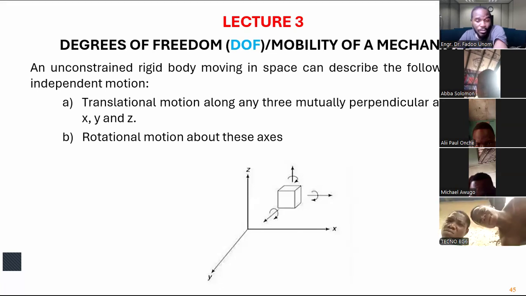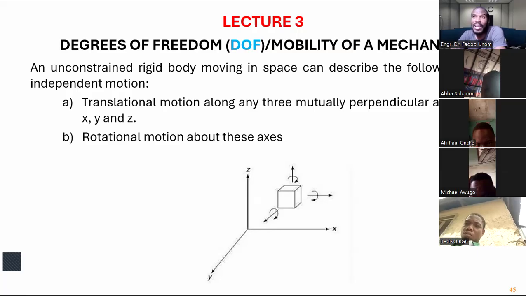So we're moving on to looking at terminologies around mechanisms. I remember we said a mechanism is a 4-bar chain that has one of its links fixed, or any kinematic chain at all. Any kinematic chain that has one of the links fixed is a mechanism.